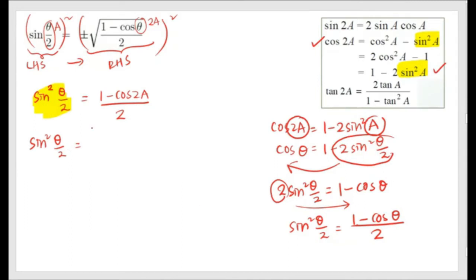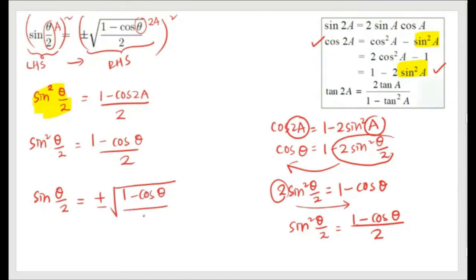Same, right? So 1 minus cos theta over 2. Now we almost have it. After this, sine theta over 2 equal to plus minus square root of 1 minus cos theta over 2. So proved already.